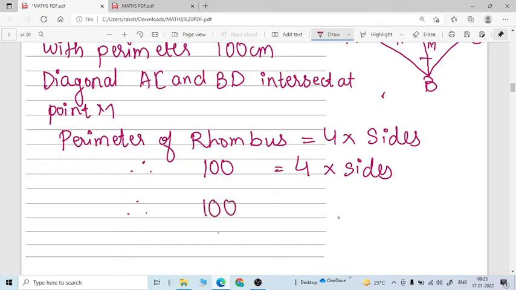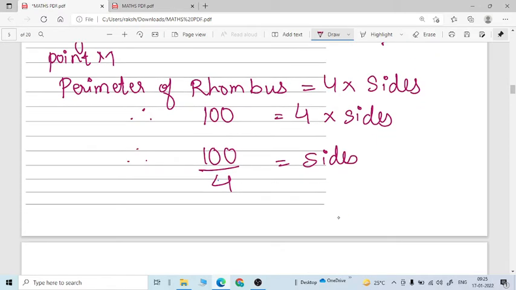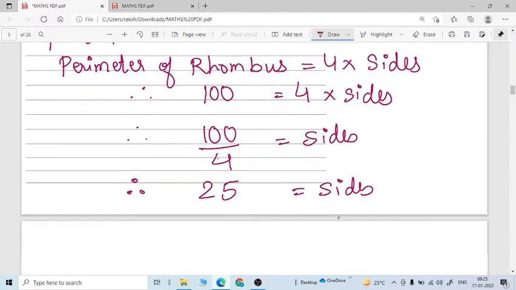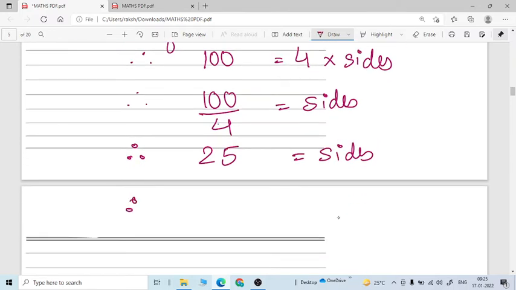Keep it in mind. 100 divided by 4, yes students, that is 25. So the measure of the side is 25 centimeter.